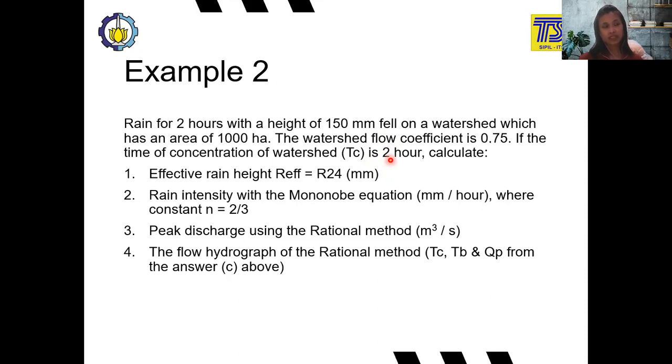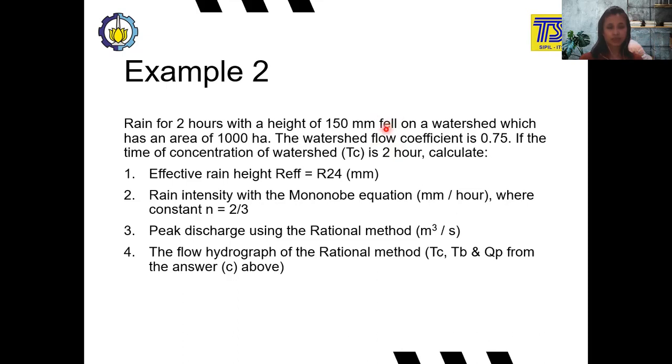There are several aspects. For example, if the watershed shape is quite long, the water flowing from the upstream until downstream has a bigger distance than a watershed shape which is round, or not long but wide, and then it can make the time of concentration longer or shorter.